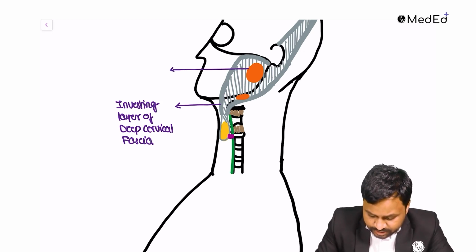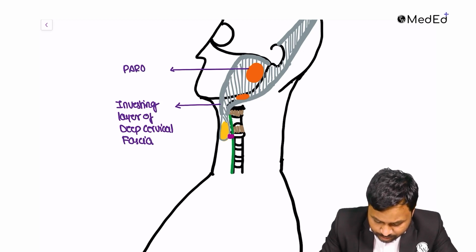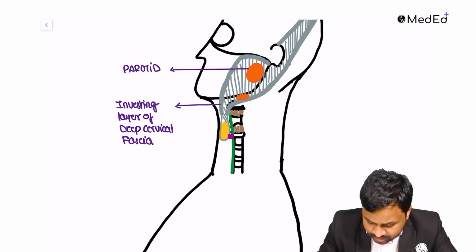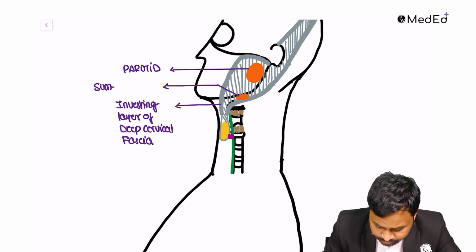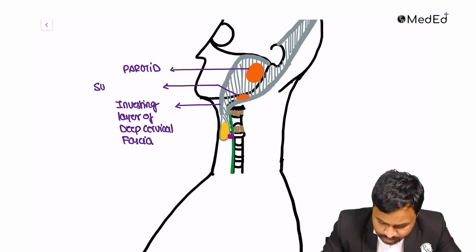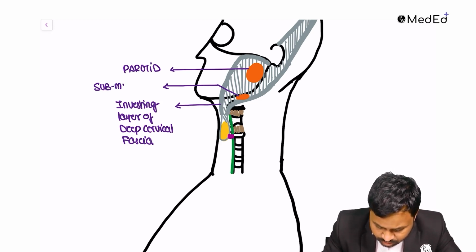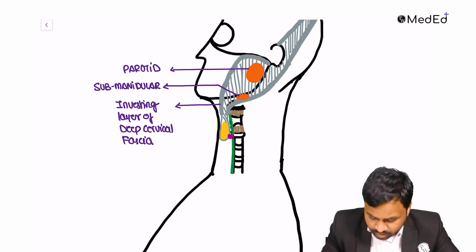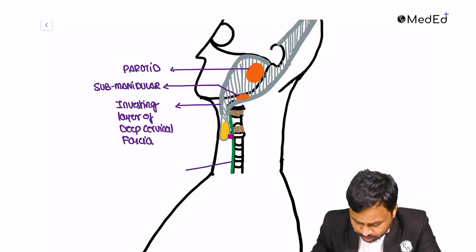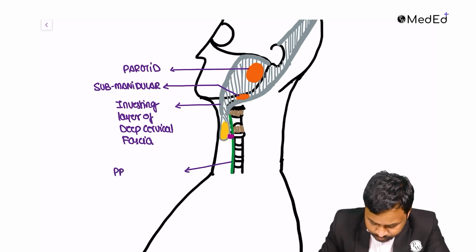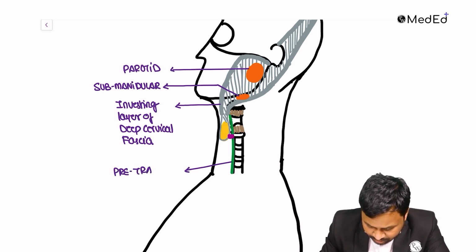Just for the orientation, this happens to be your parotid gland. This happens to be your submandibular gland. Now you notice this has to be your pretracheal fascia.